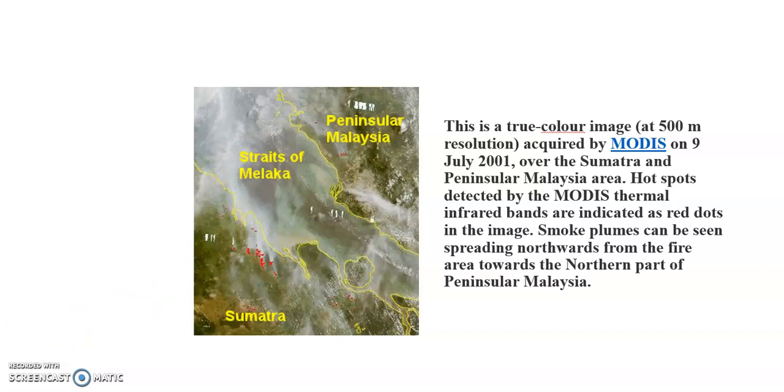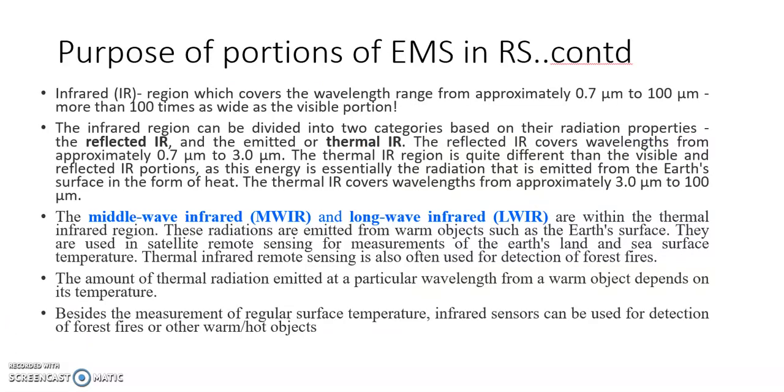Okay. Now, going back to infrared, somewhere around 0.7 to 0.8 microns. Okay. These will border between visible and near infrared. Okay. Now, these near infrared regions are suitable for recognizing differences in land use. Okay.